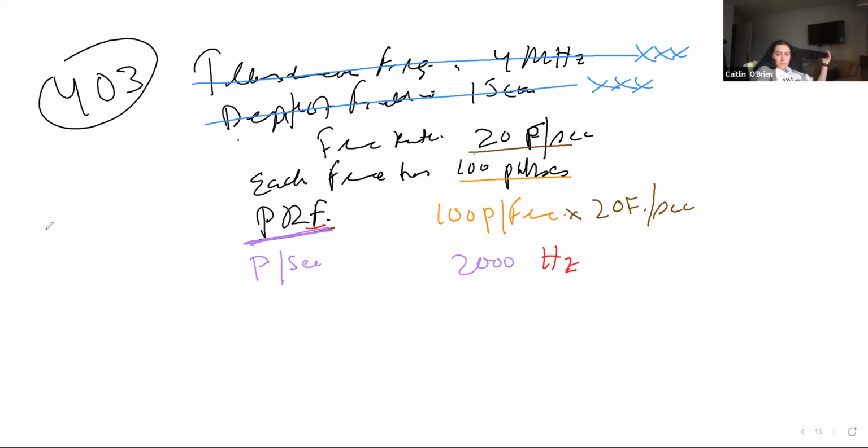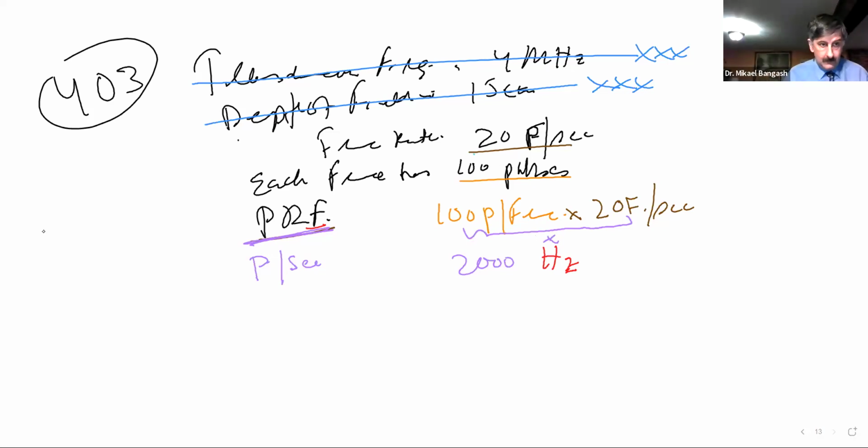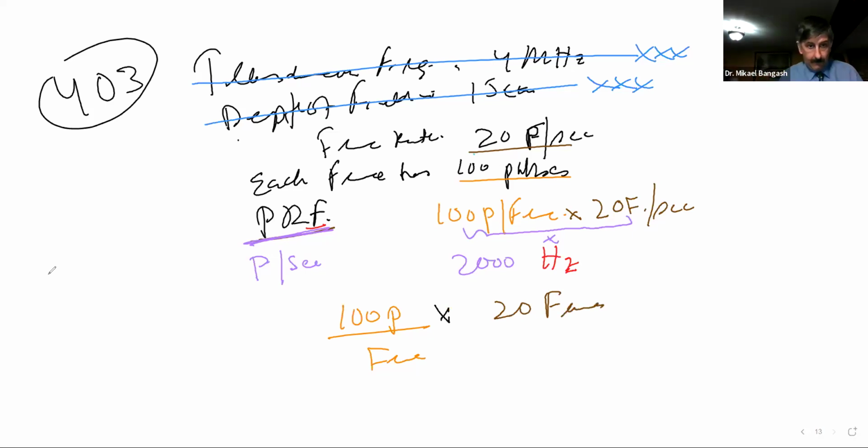Or even if you look at it this way: 100 pulses per frame, multiplied by 20 frames per second.